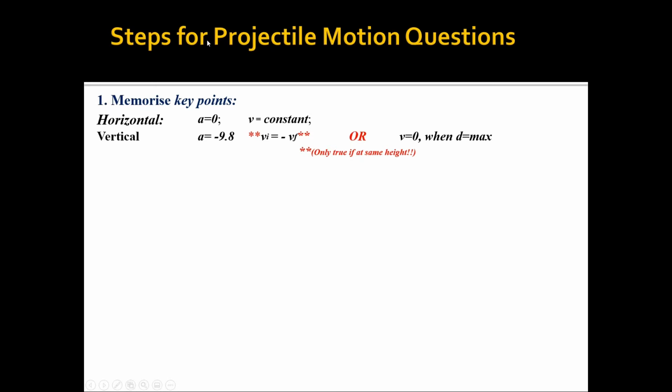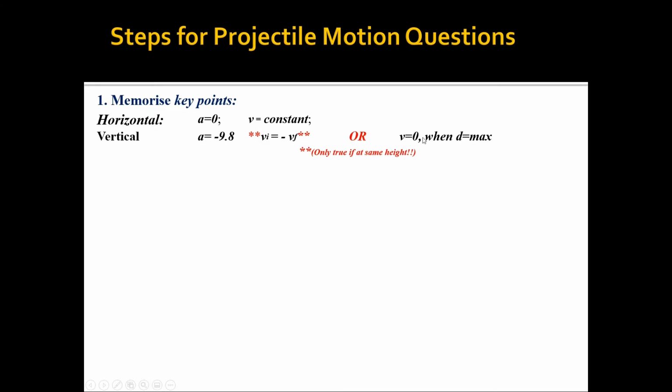Some steps for solving projectile motion questions are, first and foremost, to know the key features. Especially know that in the vertical, the acceleration is always negative 9.8 meters per second squared, and that the velocity will be 0 when d equals max, which is to say at the maximum height.